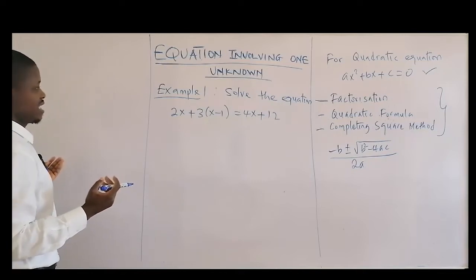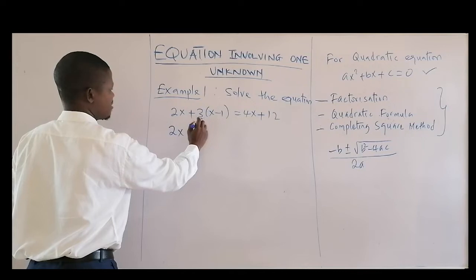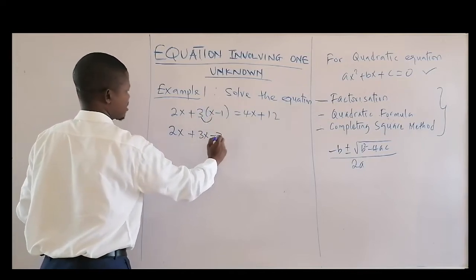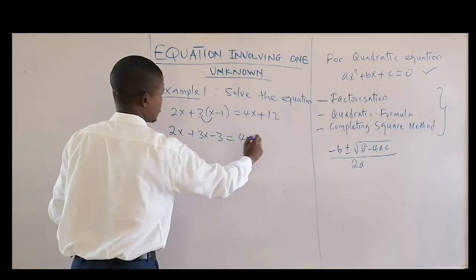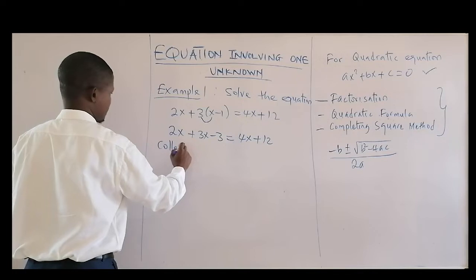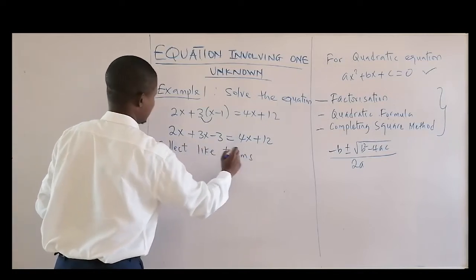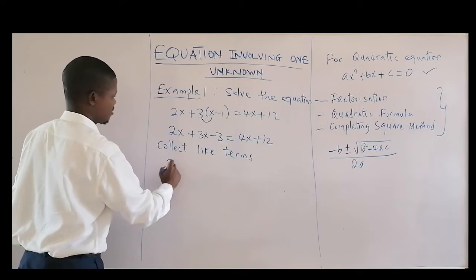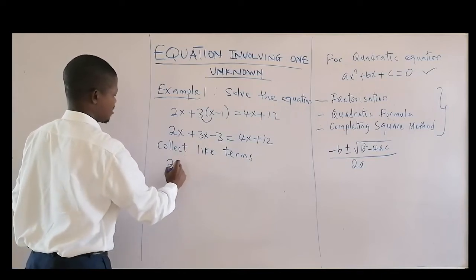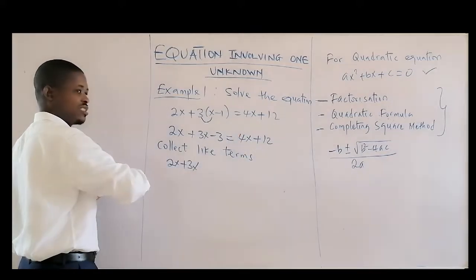So what we do first here is expand the brackets, which will be 3 times this, 3x, plus 3 times minus 1, minus 3, equals 4x plus 12. Then collect like terms. So now we have 2x plus 3x, and this one, let it go and meet its own family.